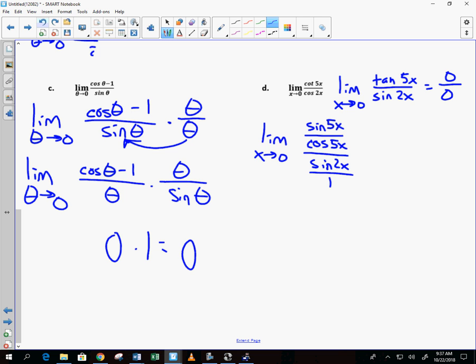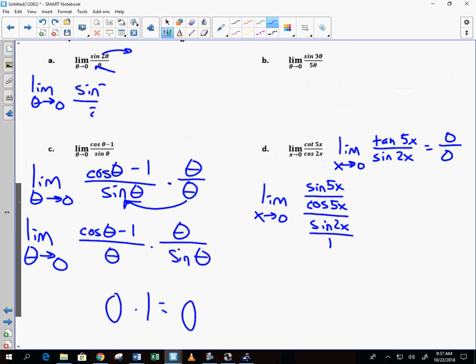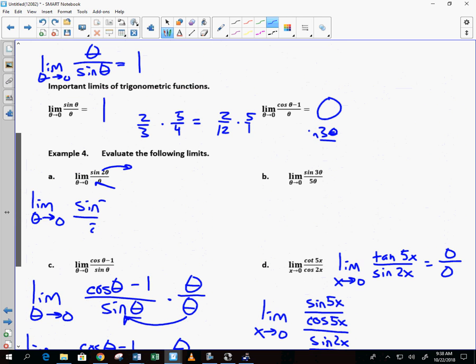I rewrote tangent as the sine of 5x over the cosine of 5x. The reason why I chose to do it is because I do not see up here anything that has to do with tangent. But I do see things that have to do with sine and cosine.